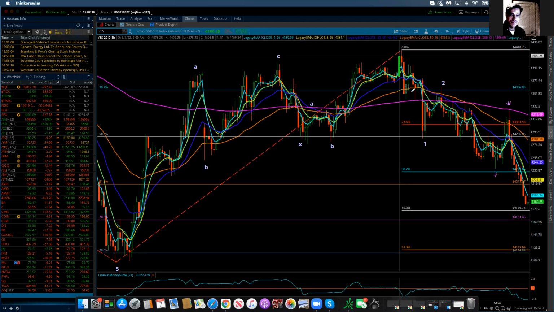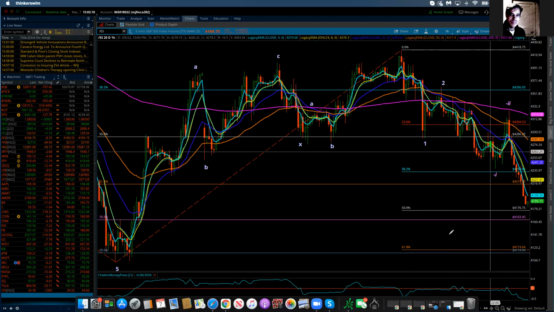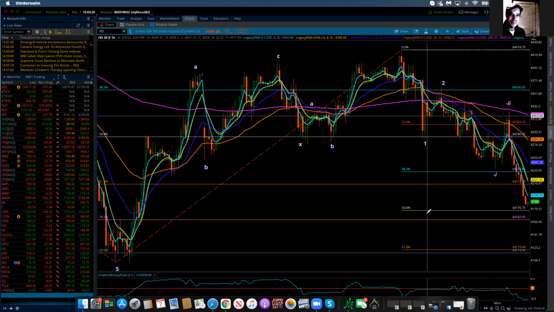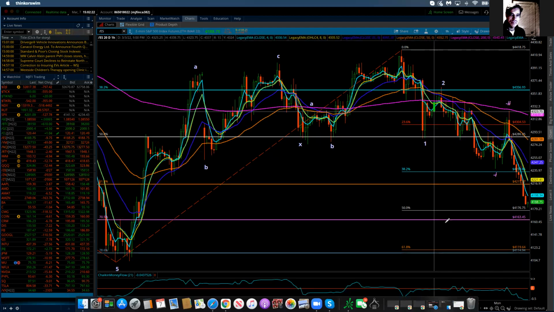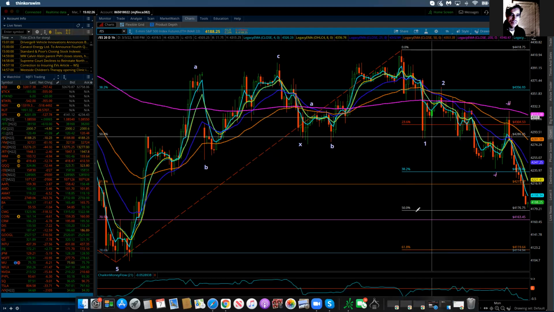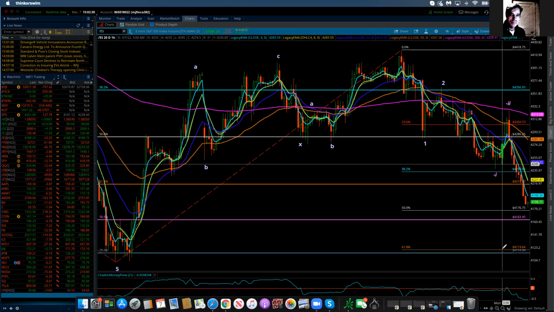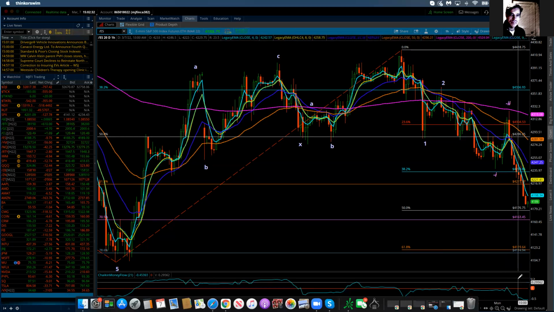If you do the same here to here, that's going to give you the minute 3. So at each level you can put in your extensions, and you're going to get the overlap, which is going to help you determine, okay, that fits. I've got additional resistance for a different degree at these different levels. It's going to be a break point, or it's going to be a stop, bounce, and then break.